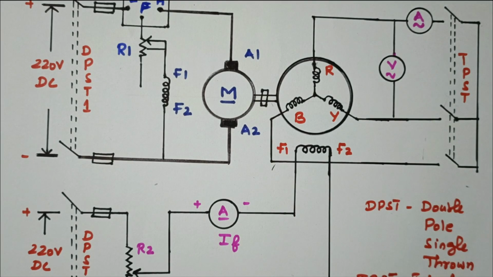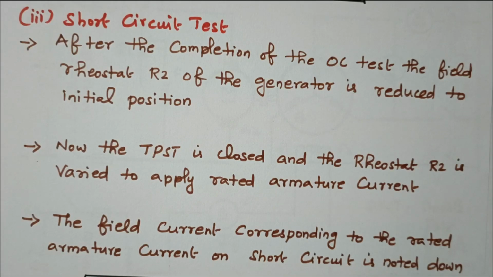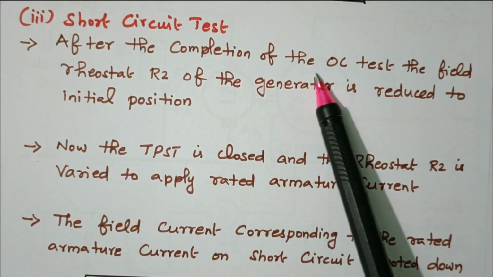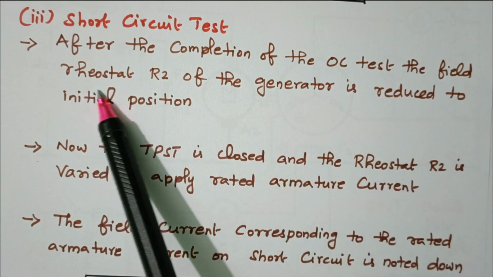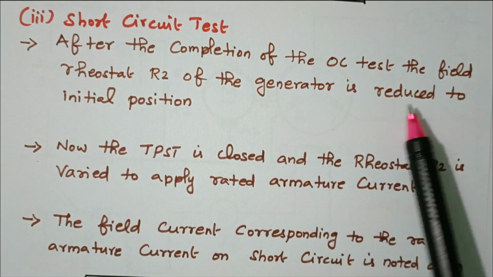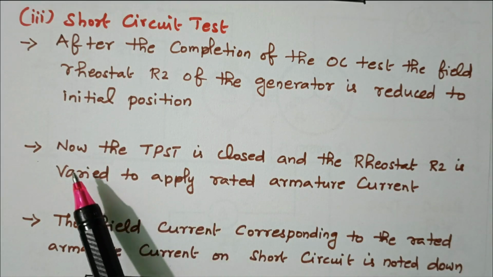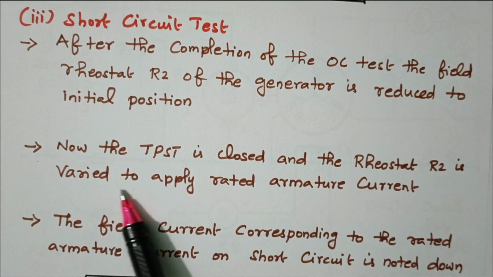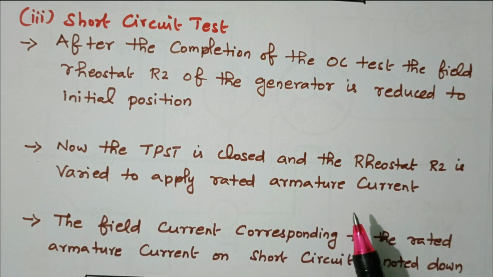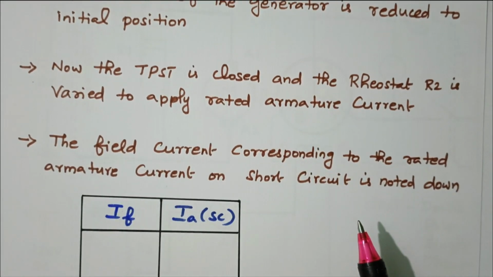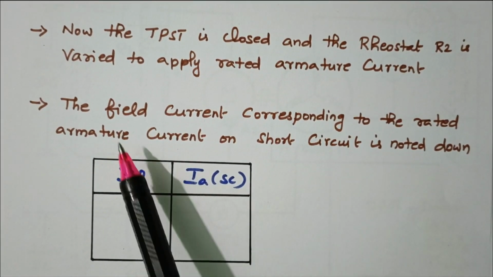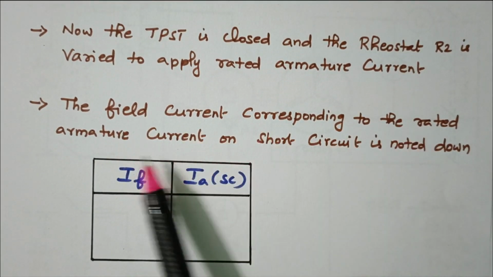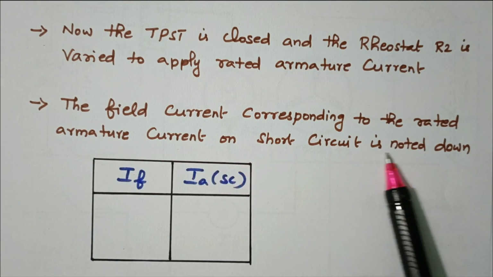Now we'll see the procedure we discussed. After the completion of the OC test, the field rheostat R2 of the generator is reduced to the initial position. Now the TPST is closed and rheostat R2 is varied to apply the rated armature current. The field current corresponding to the rated armature current in short circuit is noted down.